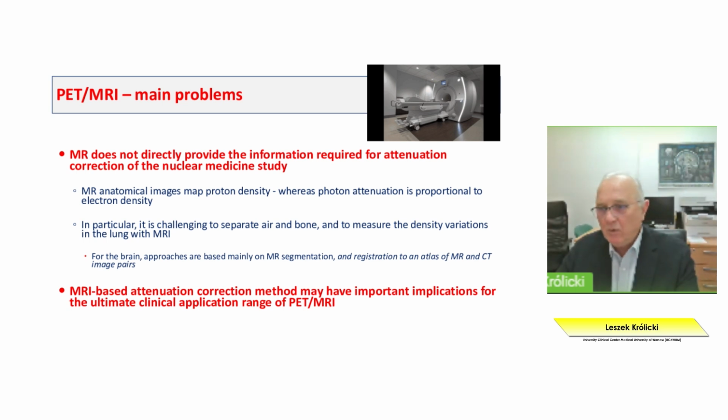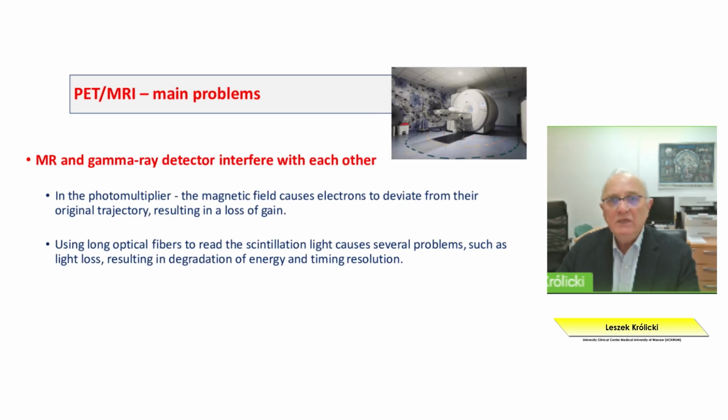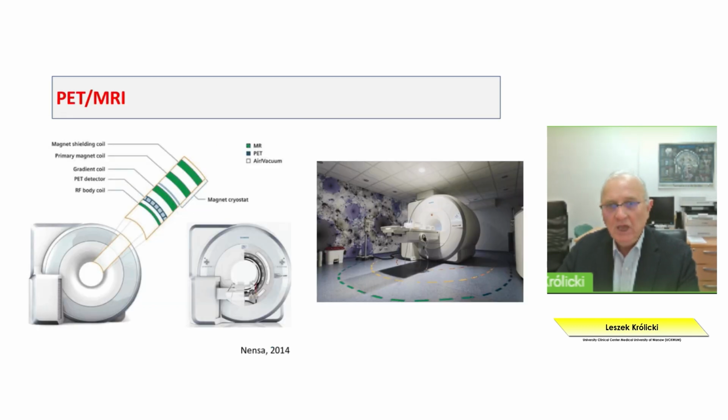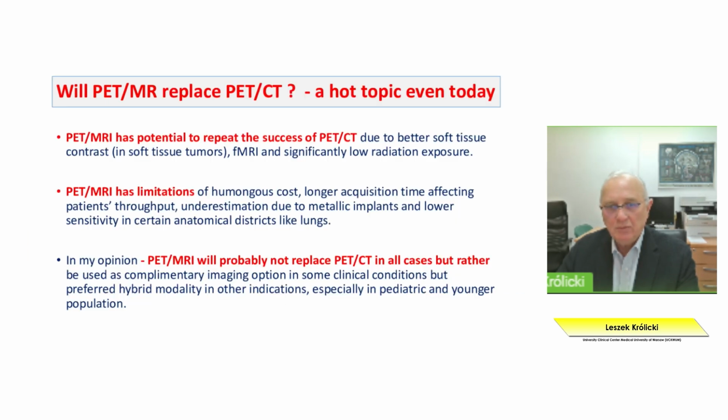But PET and magnetic resonance also involves some difficulties, which correspond with the attenuation phenomenon, correction of absorption, and the effect of ionizing radiation on the photomultiplier systems. These issues have been resolved quite early. I will just remind the idea of the photomultiplier in the device. So now we have very good devices of this type.